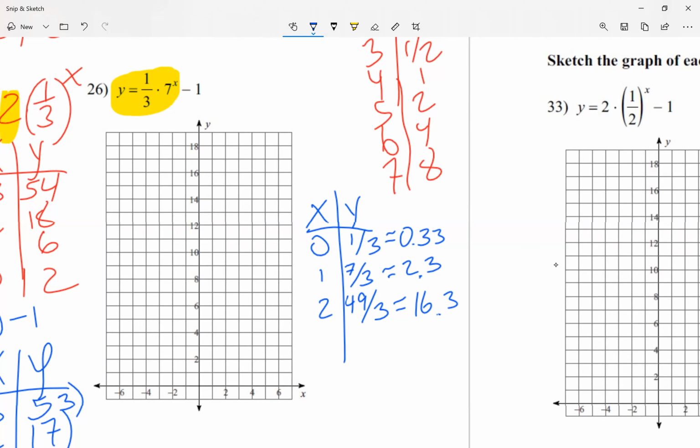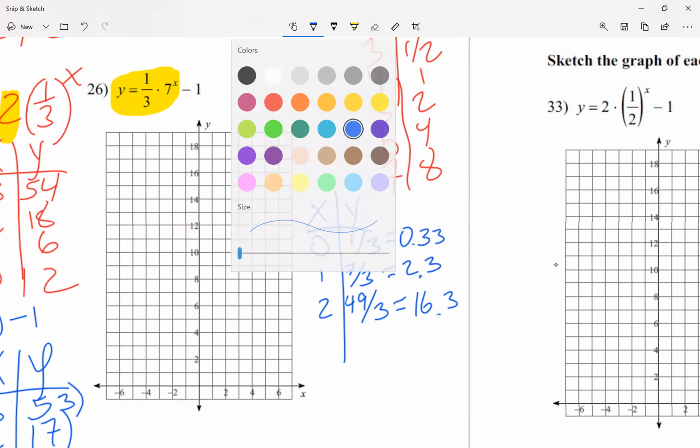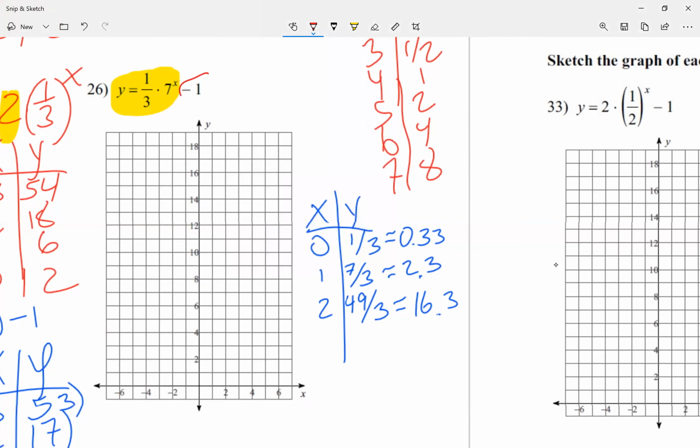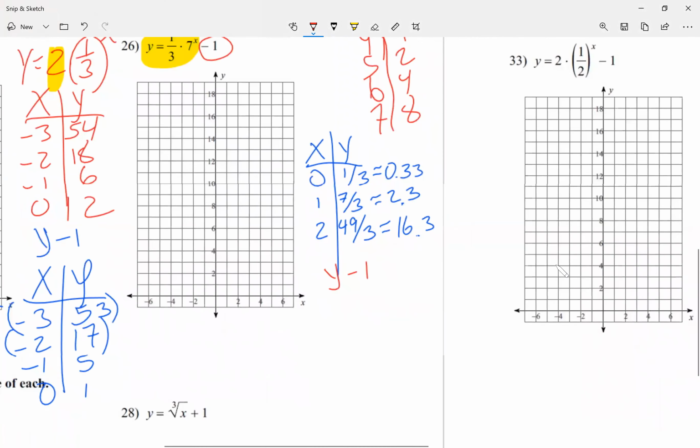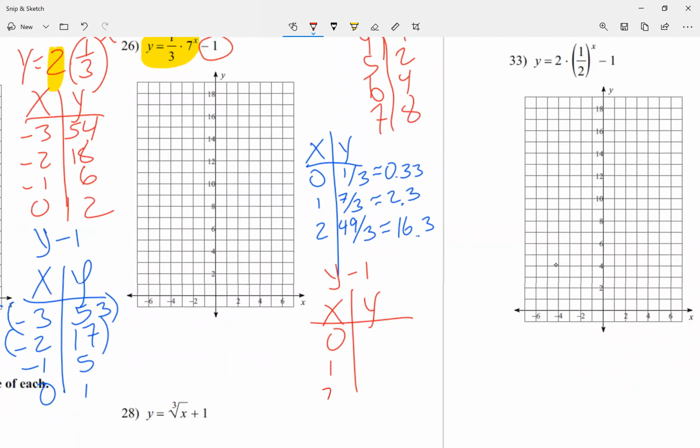All right. So now let me change my y values. Right, there's -1 at the end. I'm going to go y -1. So on my y values, let me subtract the 1. So let me make a table. My x values are not going to change. So 0, 1, 2.